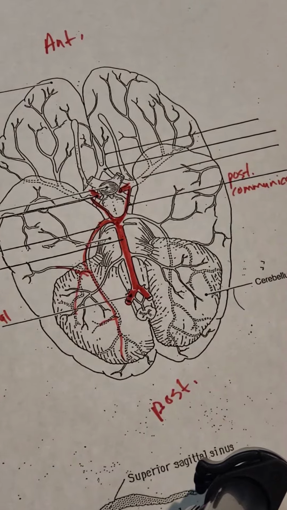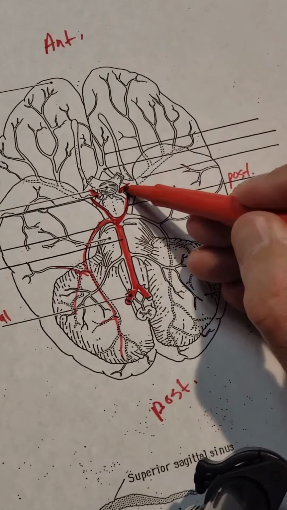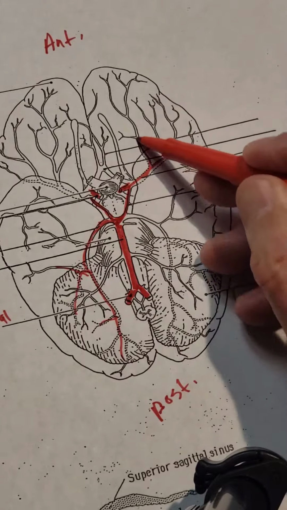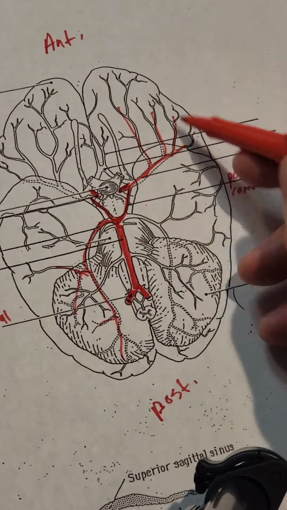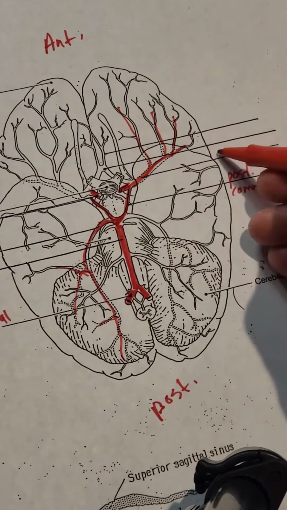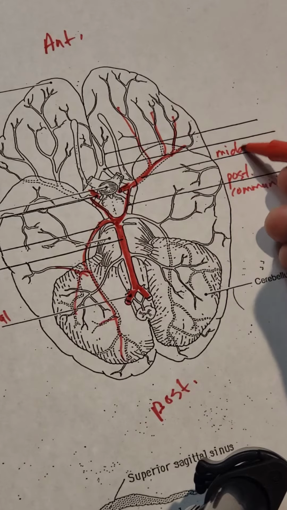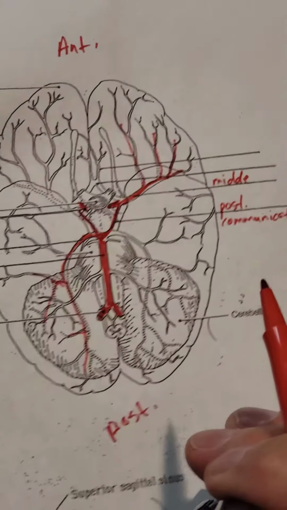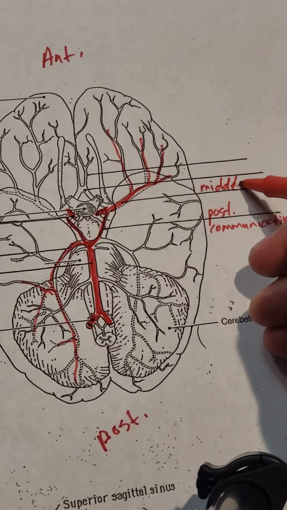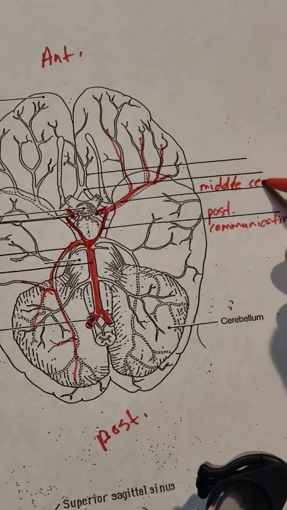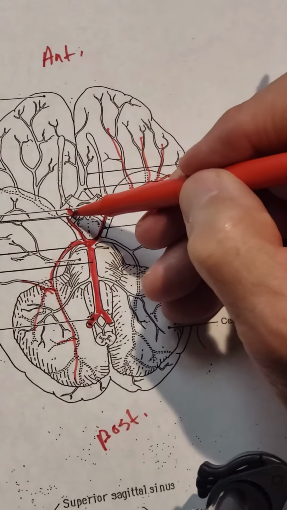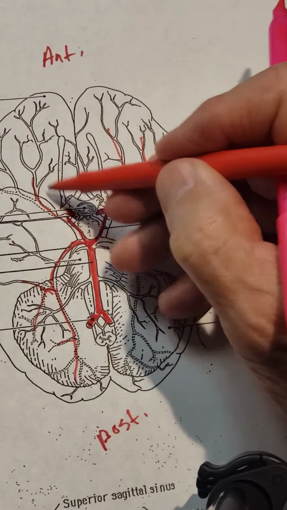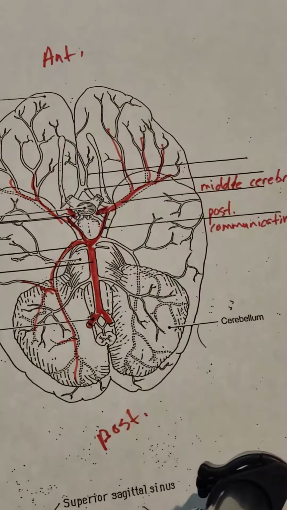From there, these are going to come up and branch out, and you see several branches as they go up here. We won't color them all in again. These are our middle cerebral arteries right there. Some middle cerebrals coming off on this side over here.